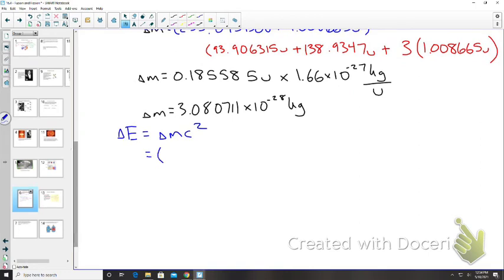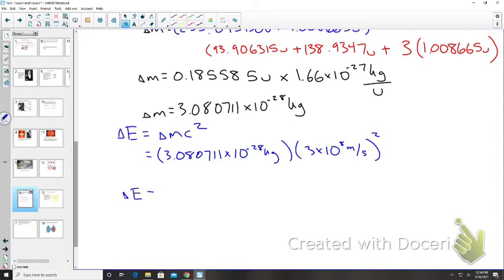Okay, so my change in mass is 3.0711 times 10 to the negative 28 kilograms, multiplied by 3 times 10 to the 8 meters per second squared. And if you punch that into your calculator, we'll get a change in energy equal to 2.77 times 10 to the negative 11 joules.